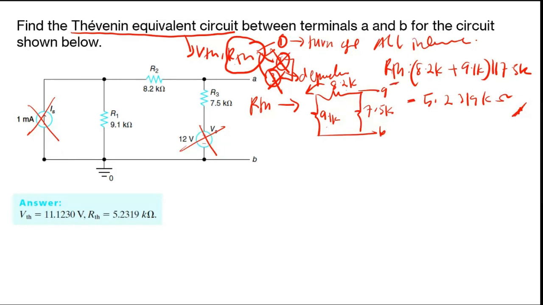Okay, so now when you want to calculate your VTH, you know that your VTH is actually here, because this one is equal to this VOC. So this is your VOC as well, and this is your VTH, this direction.